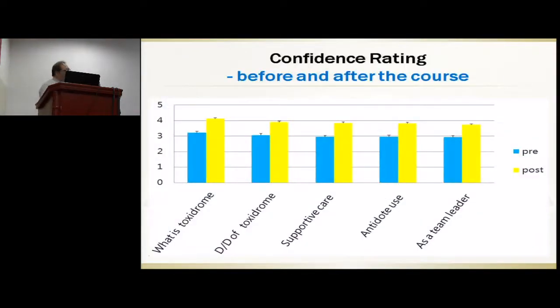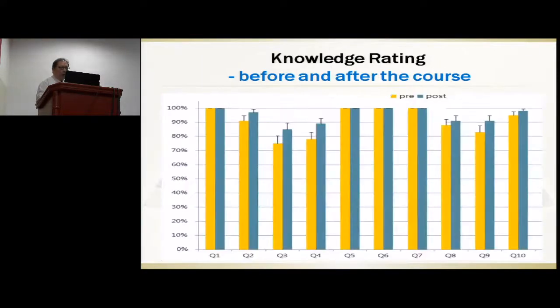This is the confidence rating before and after. Before the courses, our residents feel just a middle level of confidence to manage the poison patient. But after the courses, they feel quite confident. Okay. And also they have gained some knowledge. Okay.